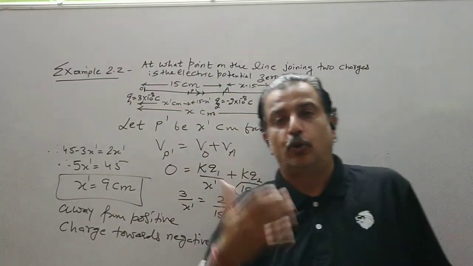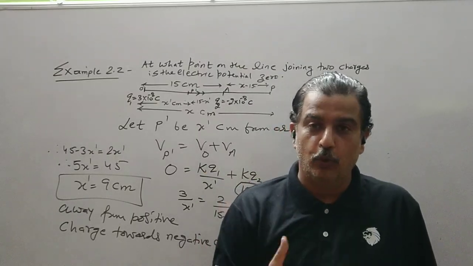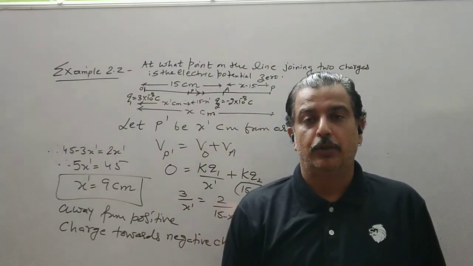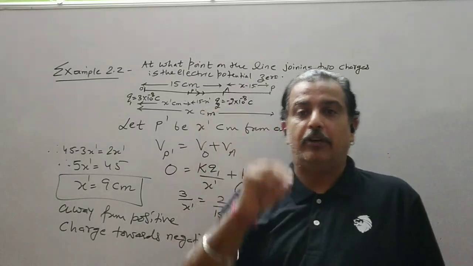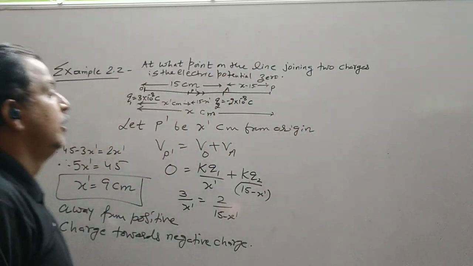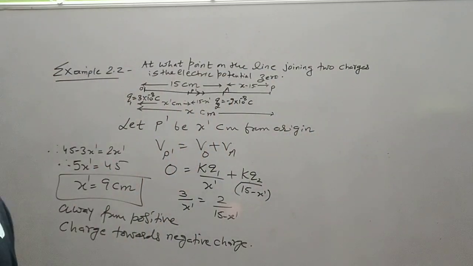So if I don't want that test charge to move from Q1 to Q2, I will be doing work against the electric field. So this is example number 2.